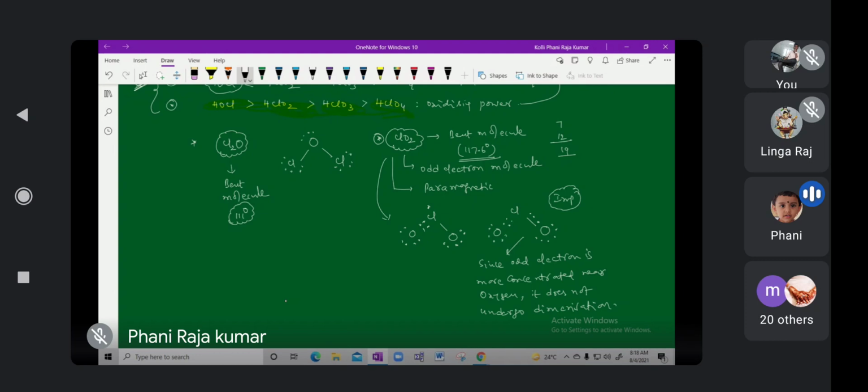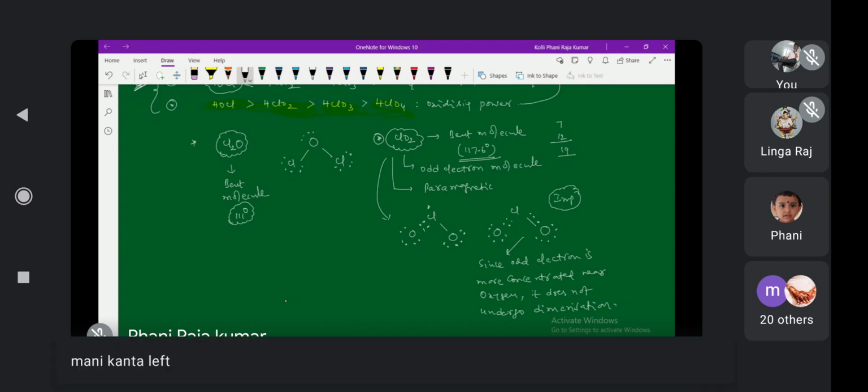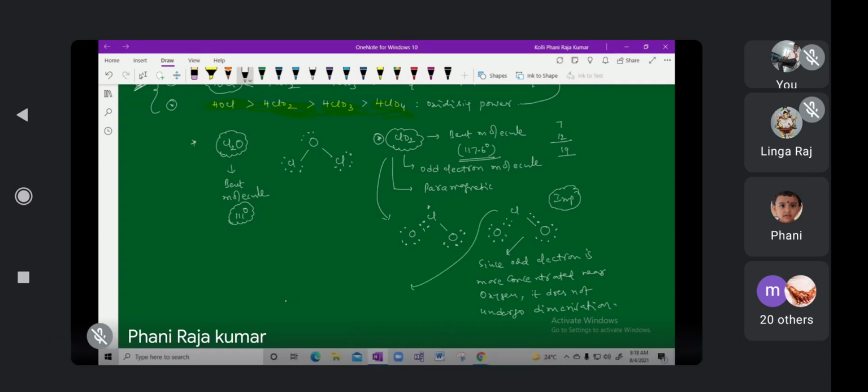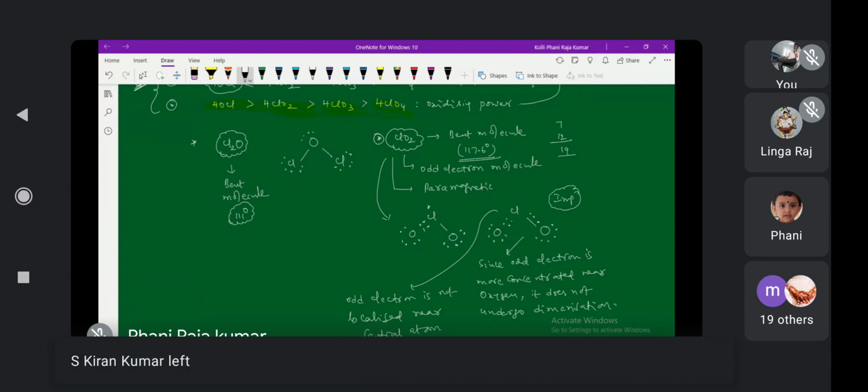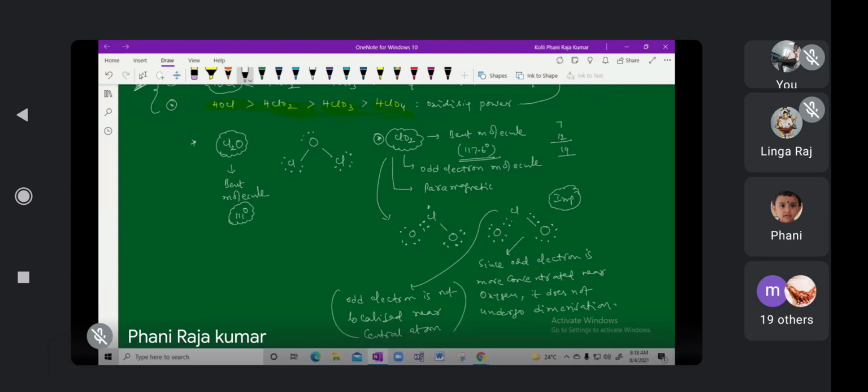The odd electron is not localized near the central atom. That's why, unlike other odd electron molecules, this compound does not undergo dimerization.